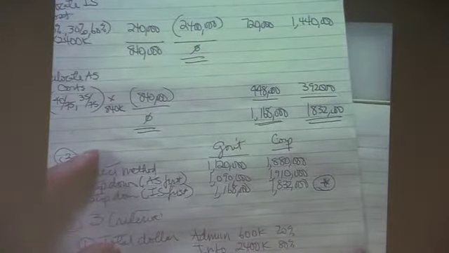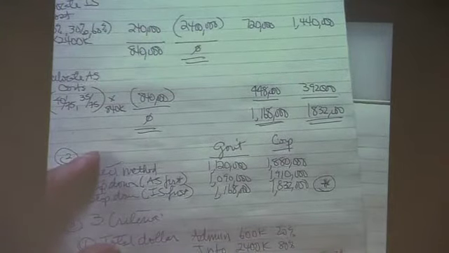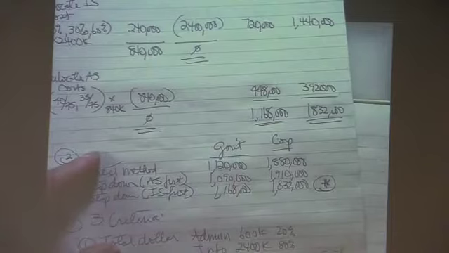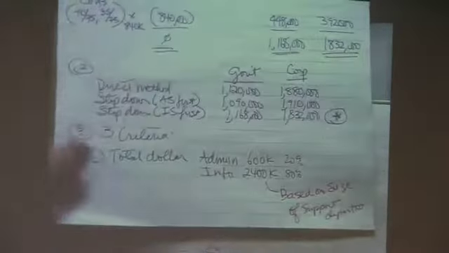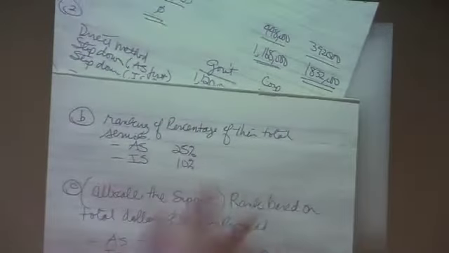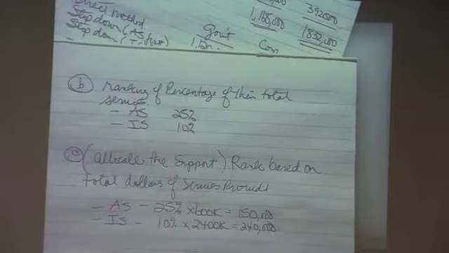Based on size of support department. That's the first one. The second one is based on percentage of their services provided to support department. And the third one is based on the total dollars of services provided.